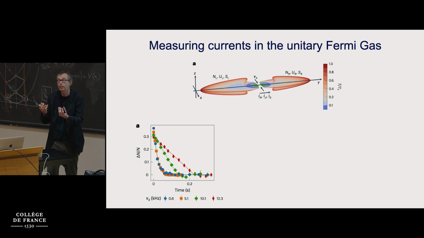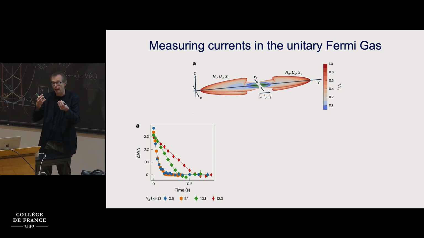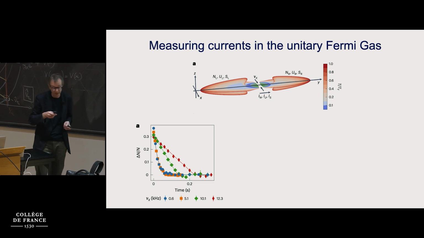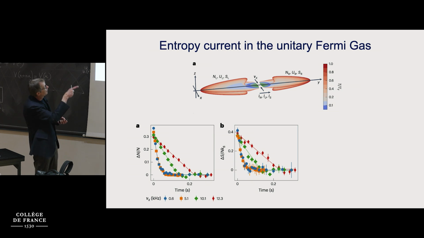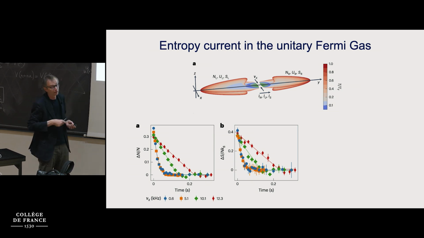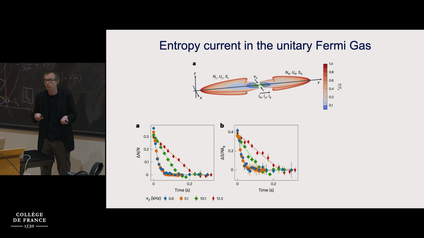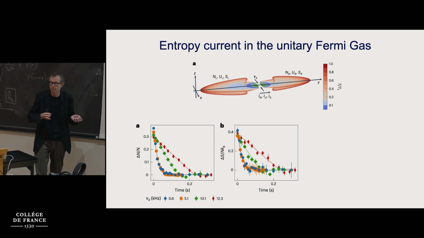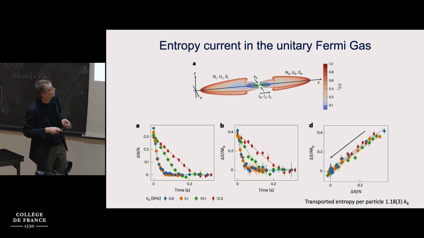So we are able to measure the equation of state before and after, and then measure how much entropy had been transported. And that was the result. The entropy goes with the particle number. So not very superfluid, but fast transport. Fast transport, but not what you expect from a superfluid.